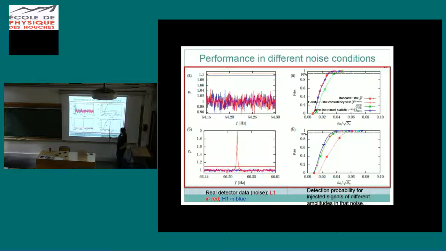If you fix the signal strength, the detection efficiency of the standard statistic is about 40%, whereas it's higher than 80% for the new detection statistic. So it's really important to develop robust statistics, because it means your detection efficiency is safeguarded even when you have noise which is not so well behaved.